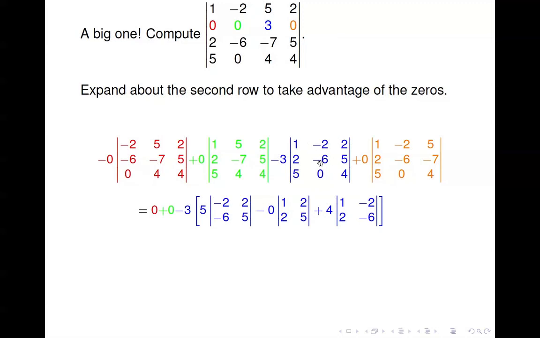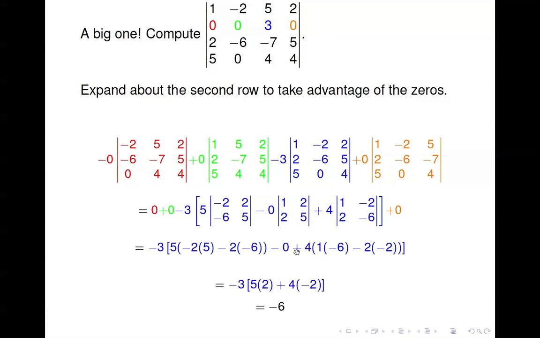All right, and then +0 because this term's multiplied by 0. So you can see that everything simplifies except for this blue part. And we go through and evaluate these determinants and combine terms and simplify, and we end up with -6 for the determinant of this matrix.